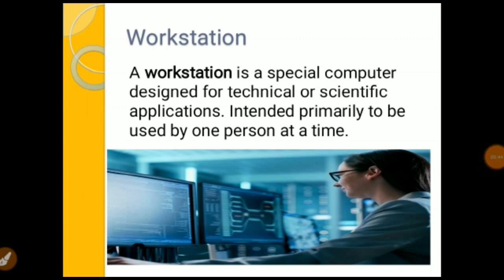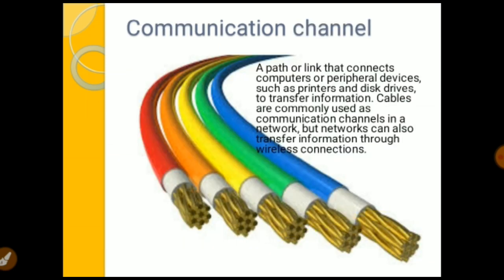As you see in many movies, hackers use a special kind of programmed computer to access something; that is known as a workstation. It means a kind of computer basically used for a special purpose task, and it allows only one person at a time. Now the next is communication channels.